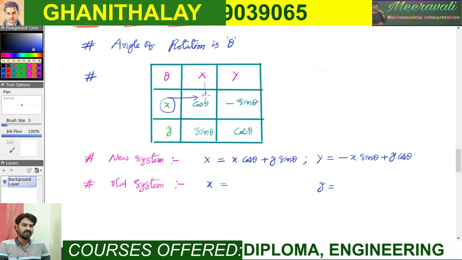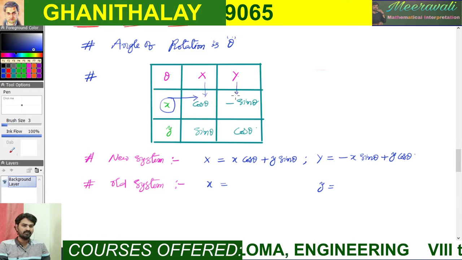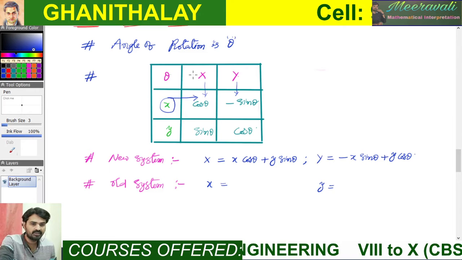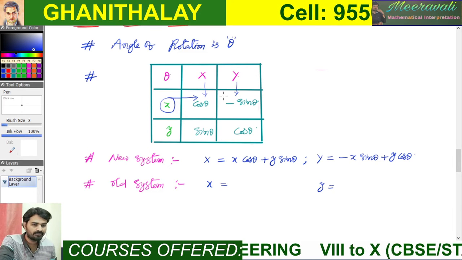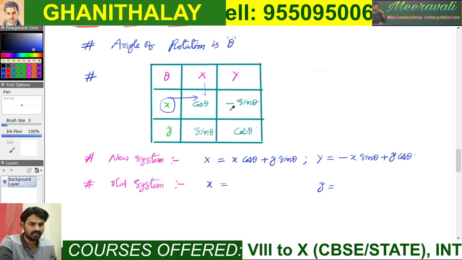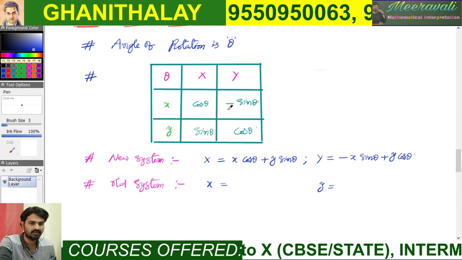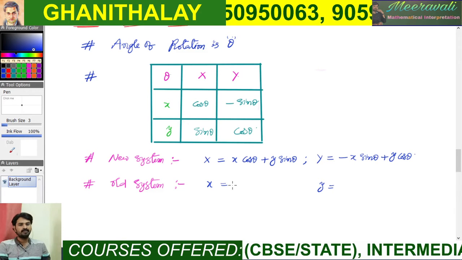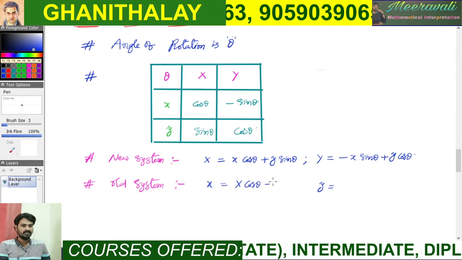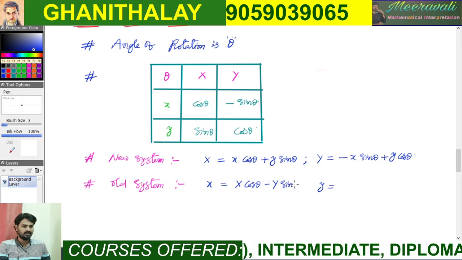Here capital X is multiplied by this one, capital Y is multiplied by this one. Now how do you write? Small x is equal to capital X cos theta plus y into minus sin theta. That means small x is capital X cos theta minus capital Y sin theta.